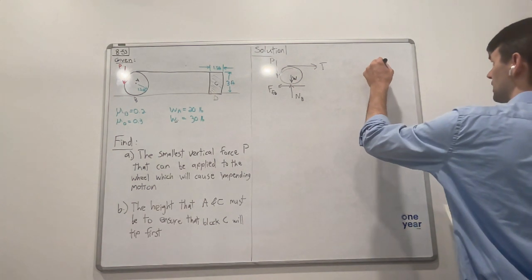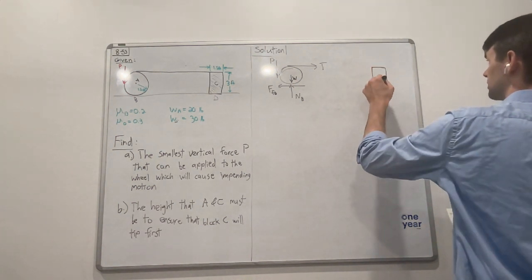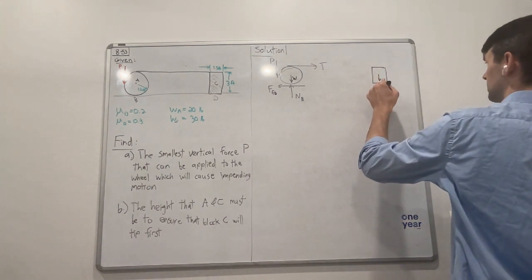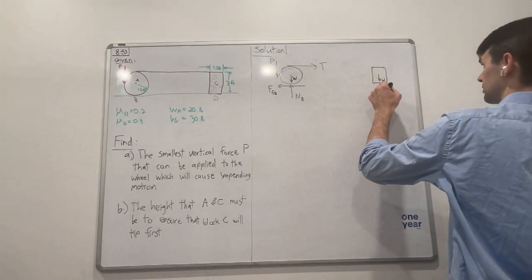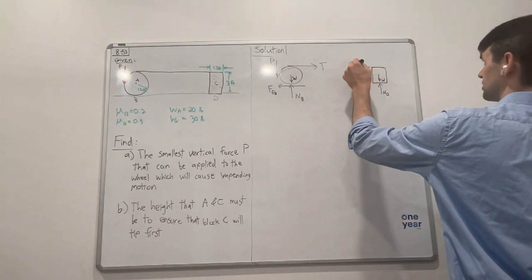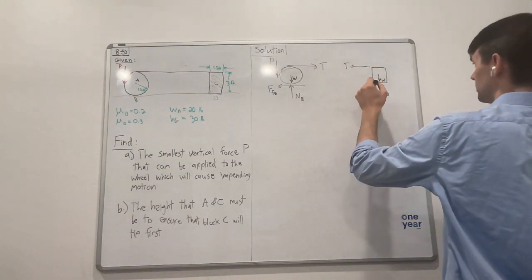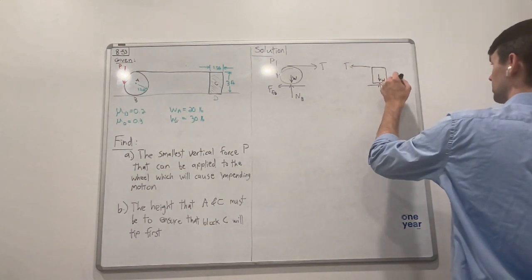And then we have the block, which similarly has a weight, a normal force, a tension, which is the same tension as felt by the wheel, and a friction force.